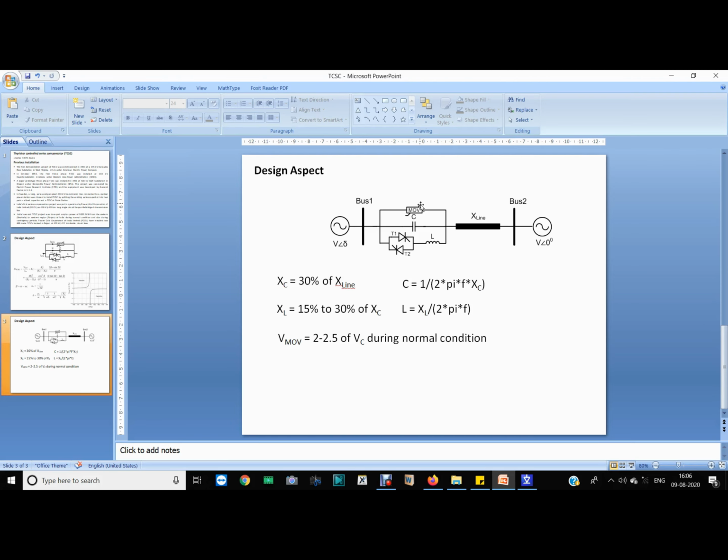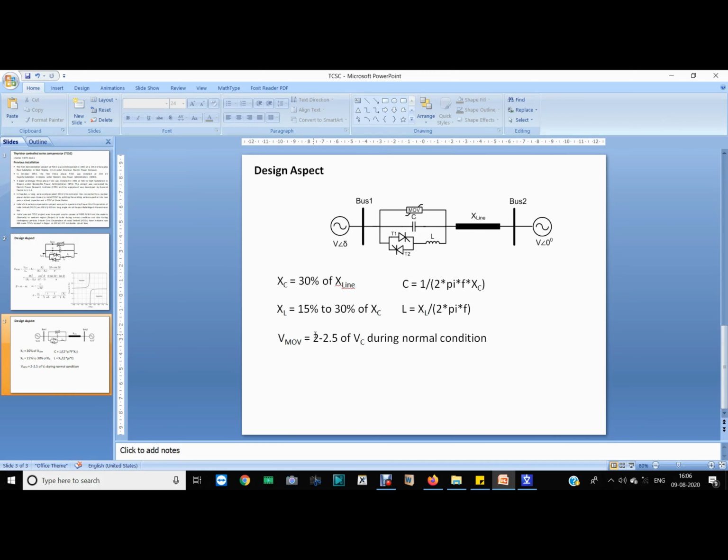It will give you the voltage across MOV. So voltage across MOV we need to select from this formula. When a fault occurs, the capacitor voltage VC will increase. This may damage the capacitor, so we need to protect it by MOV. Suppose the voltage across capacitor is say 25 kV in normal condition.